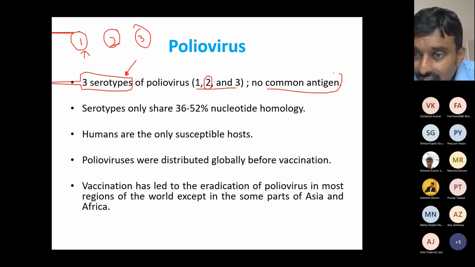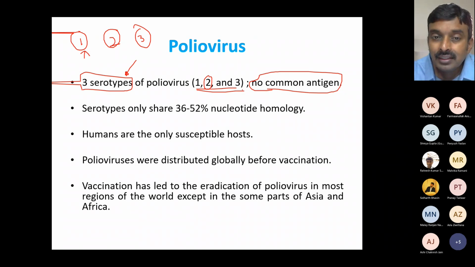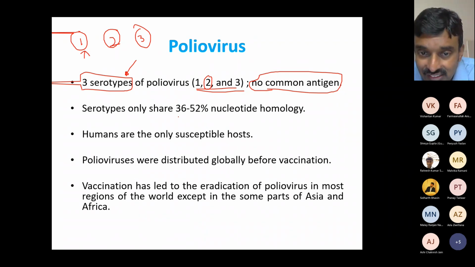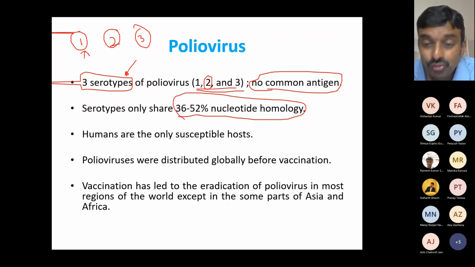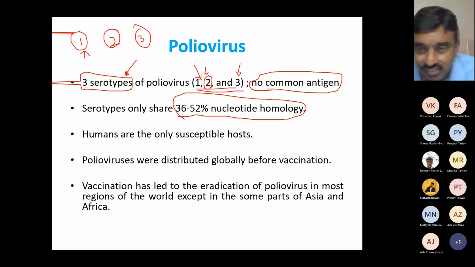And they also don't have any common antigen, which means although all the 3 are polioviruses, they are so different that even the sequence of the amino acids or nucleotides is almost 50% different. So every second nucleotide is different between these serotypes for some proteins, making them look like almost 3 different viruses which cause the same thing. There is no cross protection among these viruses.